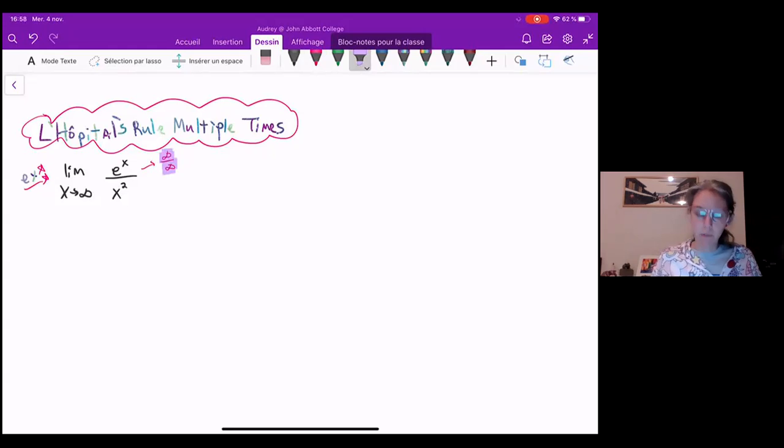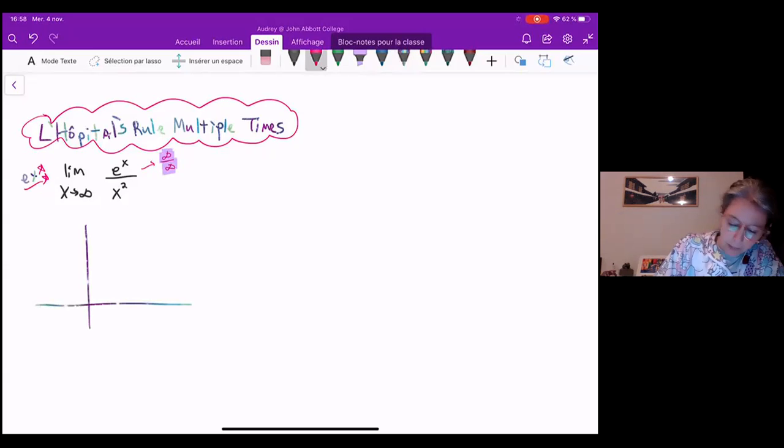But let's just briefly look at a graph of e to the x so that we can see why the limit as x goes to infinity of e to the x is infinity. If I were to draw a graph of this thing, it's going to look something like this, where e to the 0 is equal to 1.